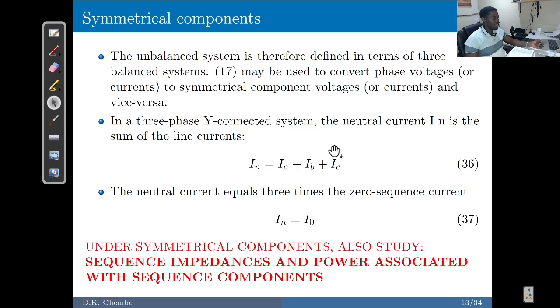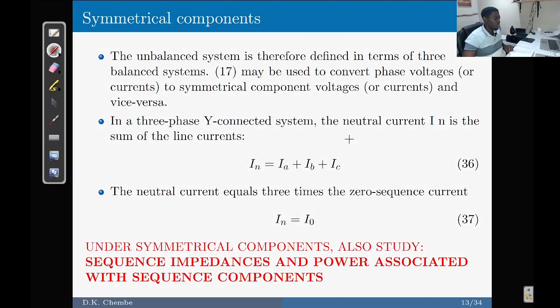And then in a three-phase Y-connected system, where you have the Y connection, you also have the neutral connection, then you can determine the neutral current to be the sum of all the phase currents.